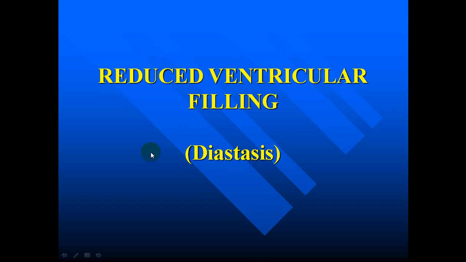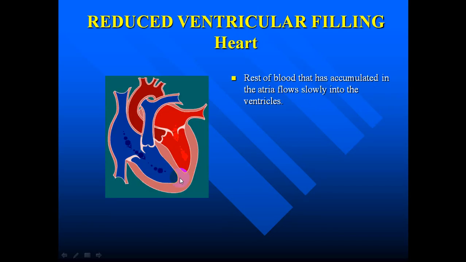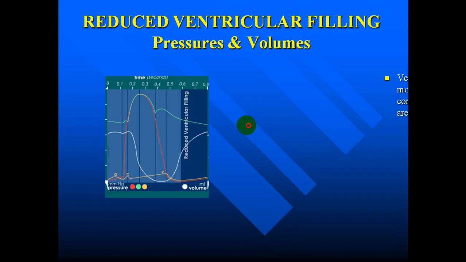Next is reduced ventricular filling, the long phase called diastasis. The rest of the blood that has accumulated in the atria during ventricular systole flows slowly into the ventricle at the end of this phase of filling. What about the pressure and volume?